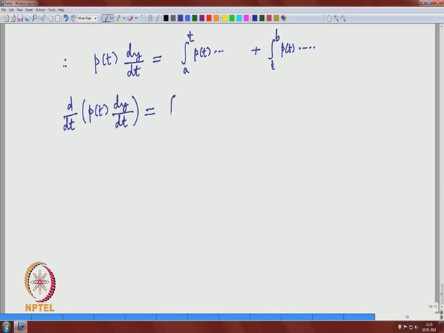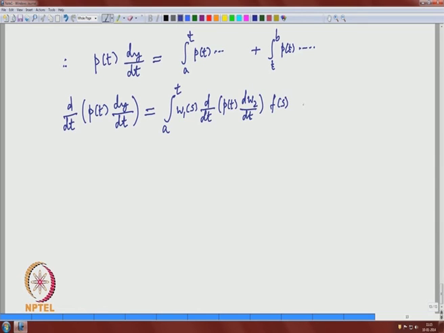So just we have now a to t, W1(s) d by dt of p(t) dW2 by dt, f as it is.